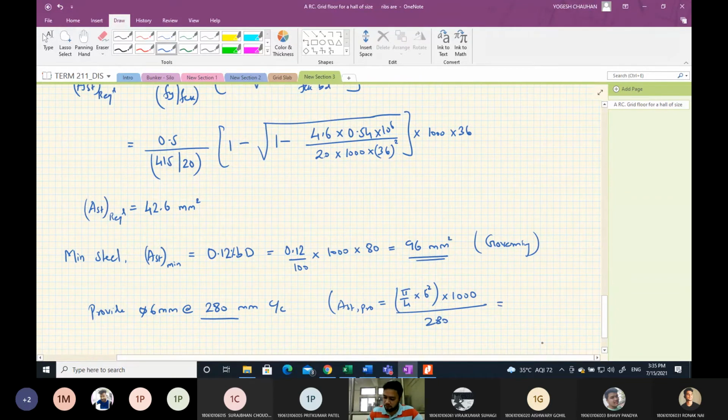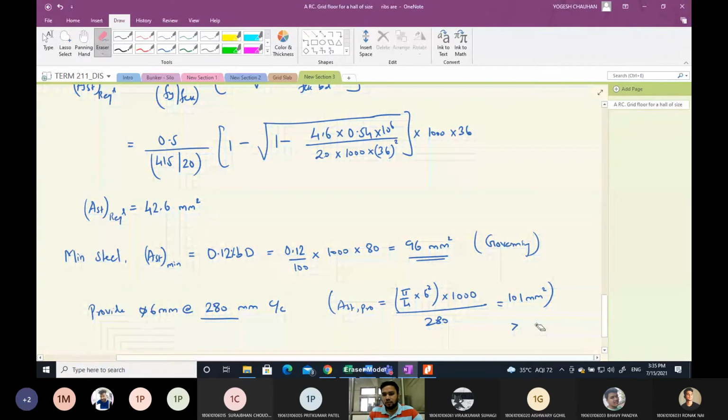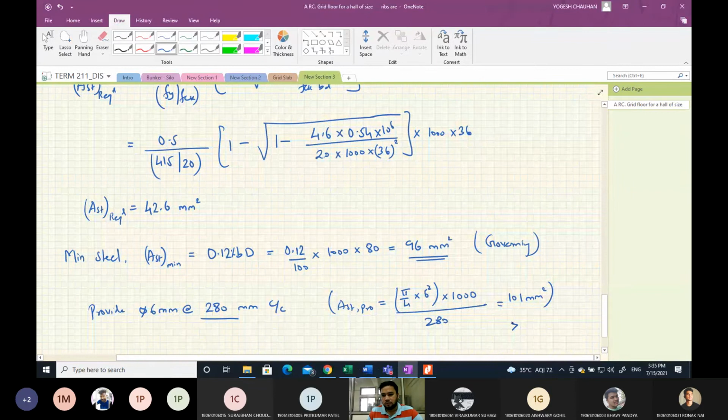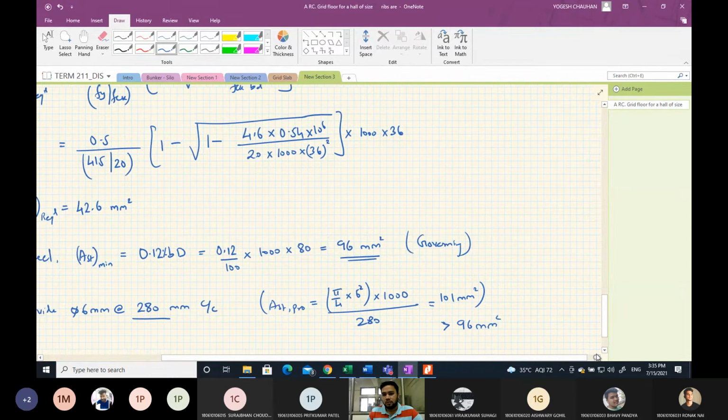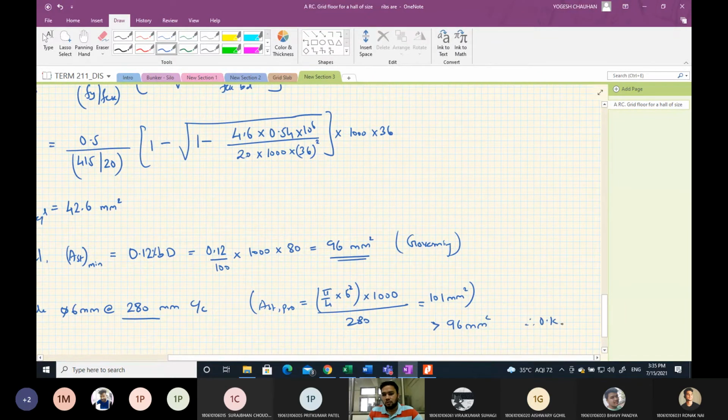So that is pi by 4 into 6 square into 1000 divided by 280, that is 101 mm square, which is more than the required steel of 96 mm square. So it is okay.